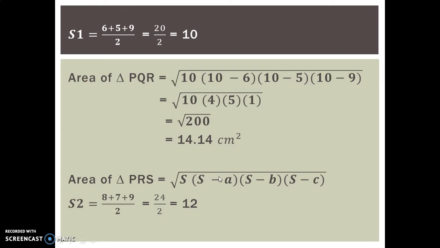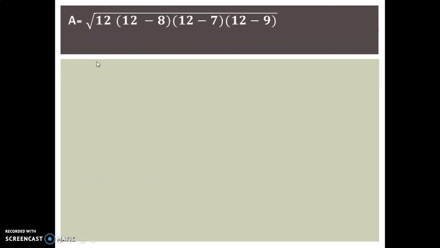Now putting these values in the formula, you get A is equal to area of triangle PRS, square root of 12 multiplied by 12 minus 8 multiplied by 12 minus 7 multiplied by 12 minus 9, which is 12 multiplied by 4 multiplied by 5 multiplied by 3. So finally you get the answer as square root of 720. Here you will use the calculator to find the value of square root of 720, and that is 26.8 centimeters square.